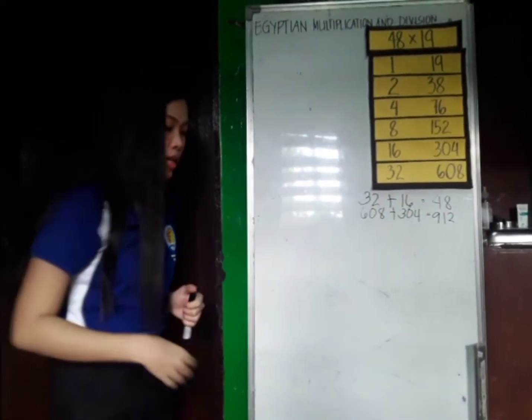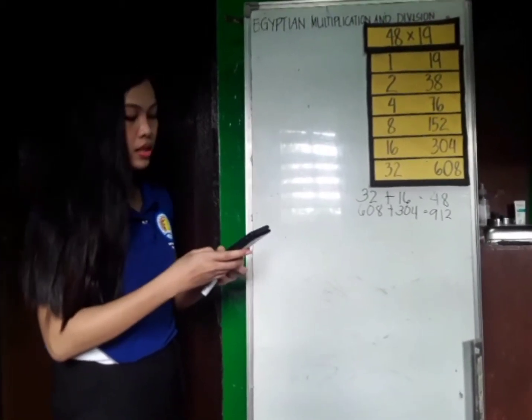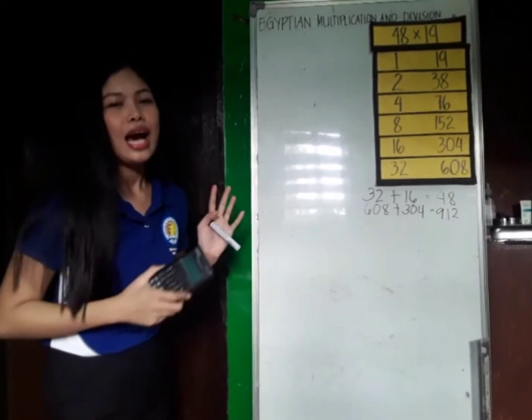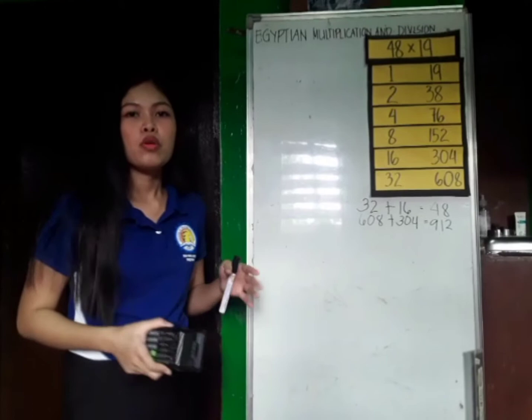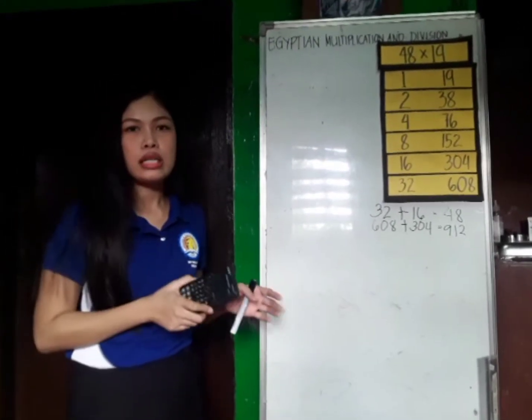Use your calculator now. 48 times 19, and the answer is 912. So it is correct. I will give you another example for you to understand more about how to multiply using the Egyptian method.